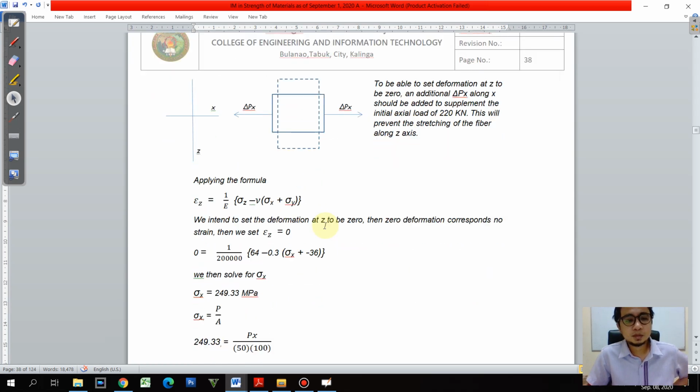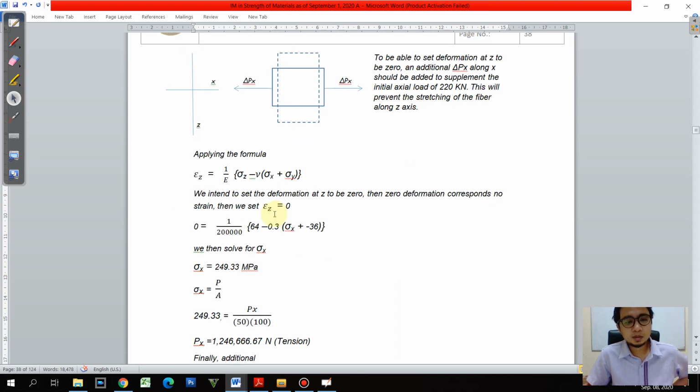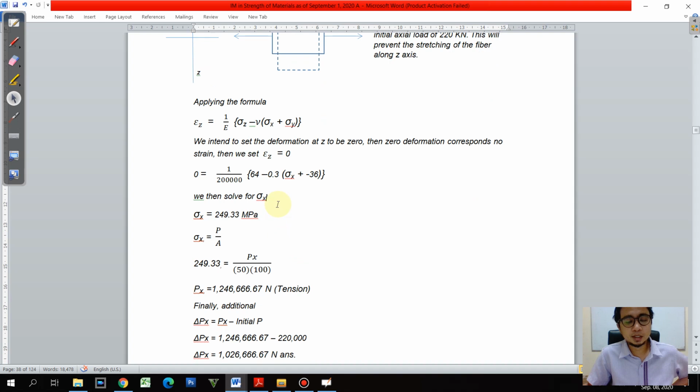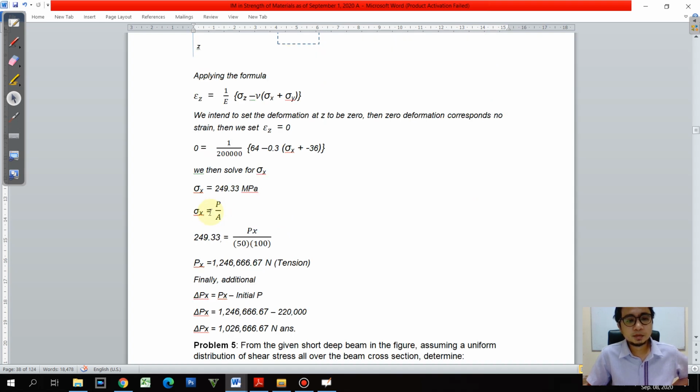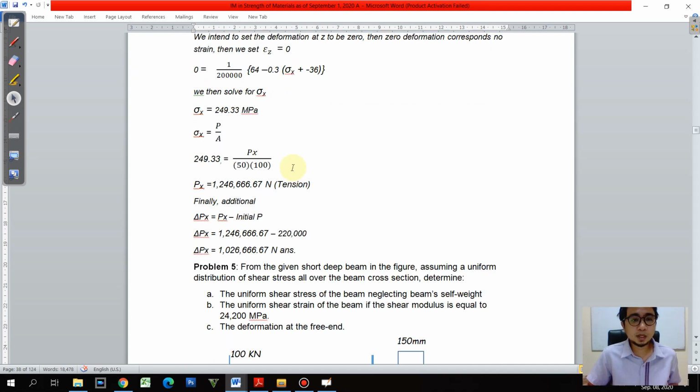So, return to the formula now and set the strain at z equal to 0. Using the same stresses as a while ago, we can compute for sigma x, or the stress at x, found to be 249.33 megapascals. Then we can get our force along x, 1 million.